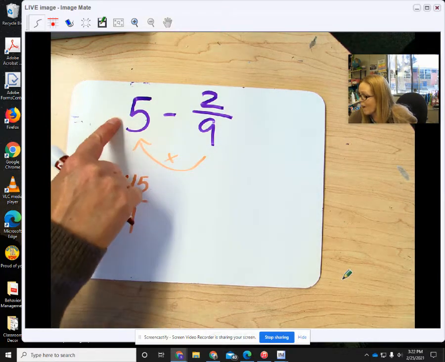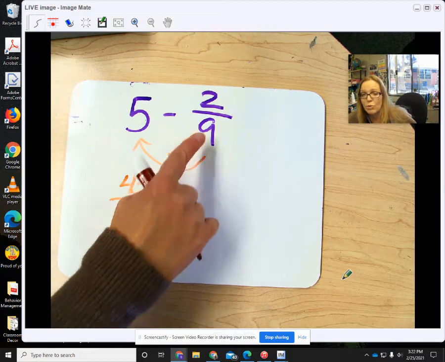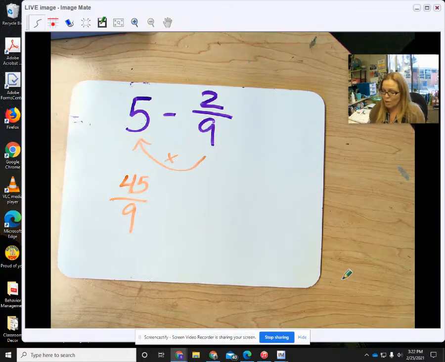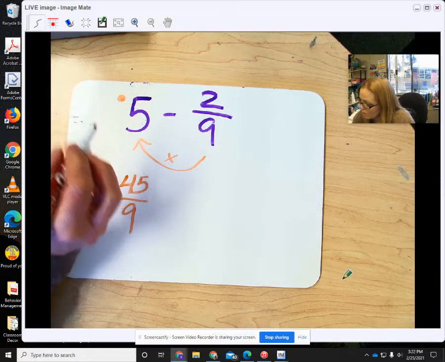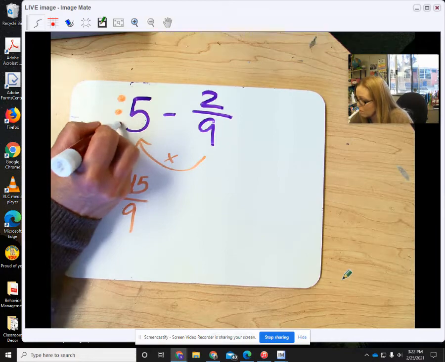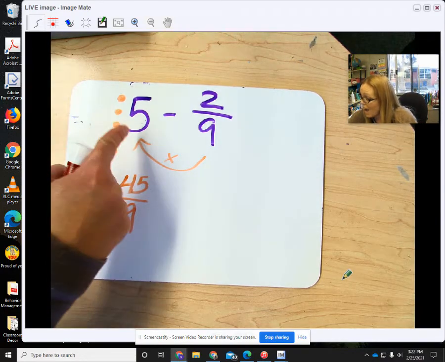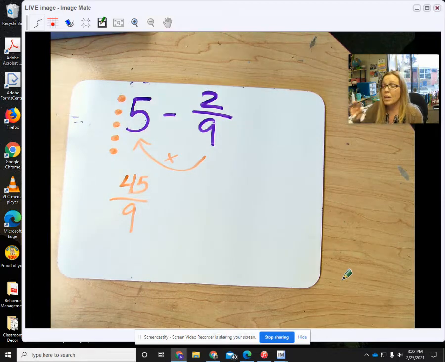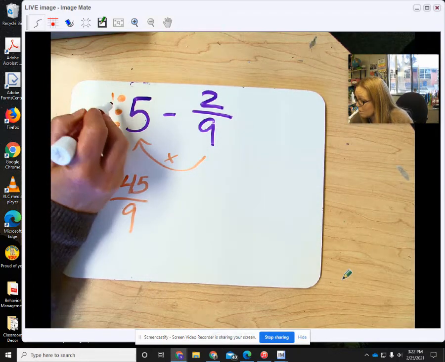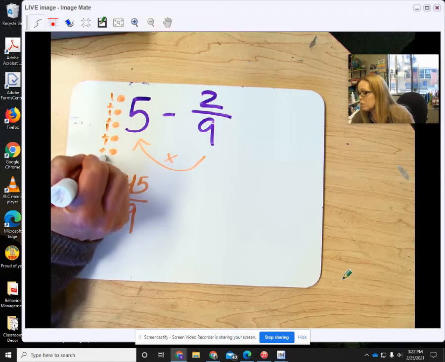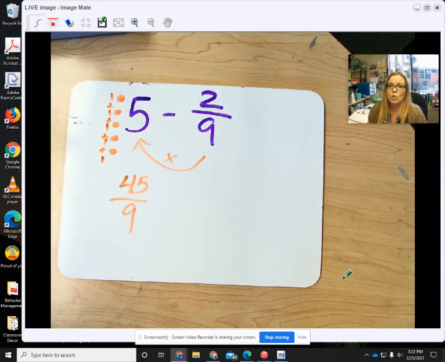I'm turning that 5 into the fractional units of ninths. That works because I know that there is 1 whole there, 2 wholes, 3 wholes, 4 wholes, and 5 wholes, right? So this 5 being a whole number could be represented as 1 plus 1 plus 1 plus 1 plus 1, or 5 total.